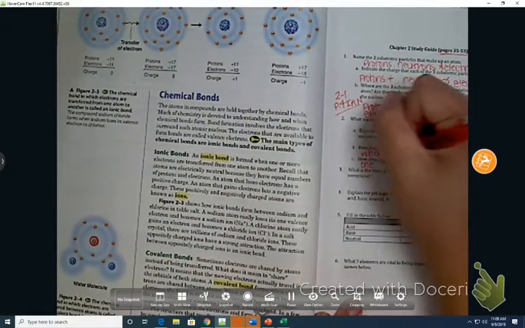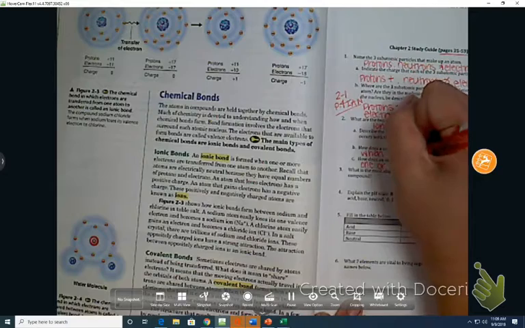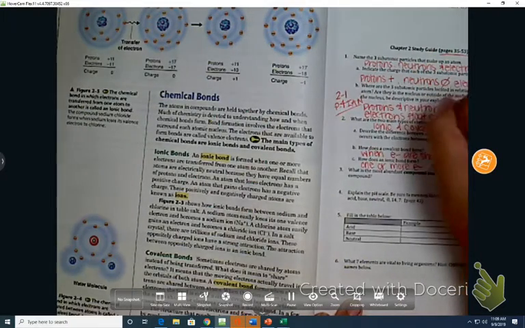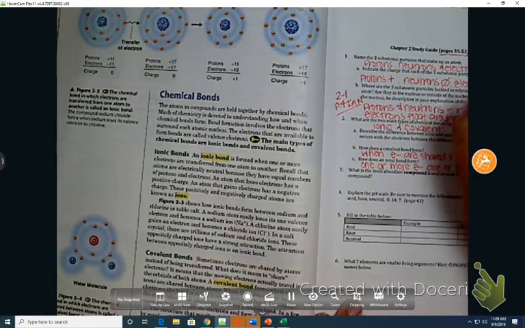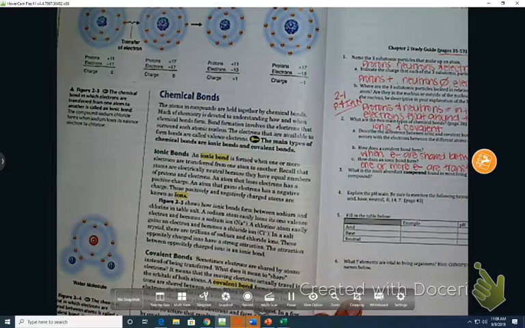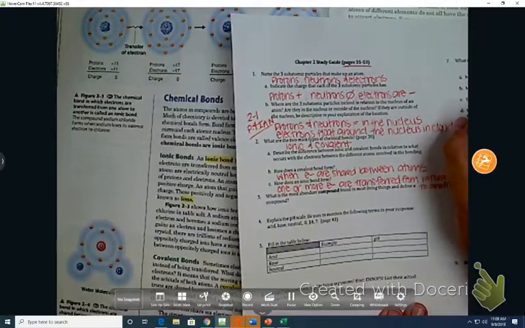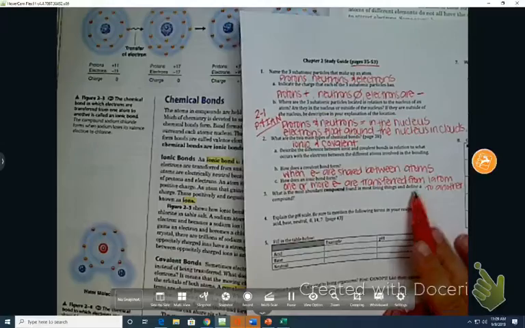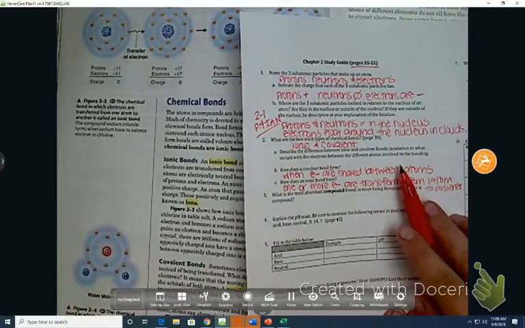So it's a complete transfer of the electrons, and a covalent bond is sharing.